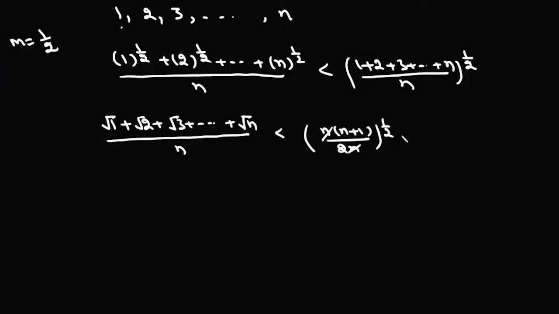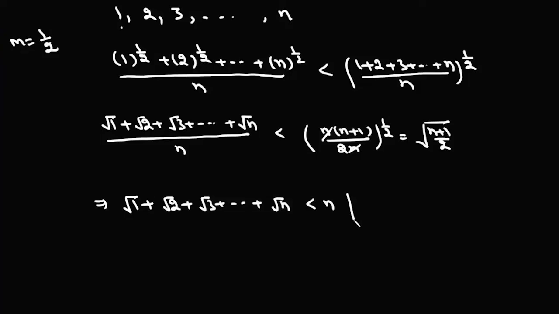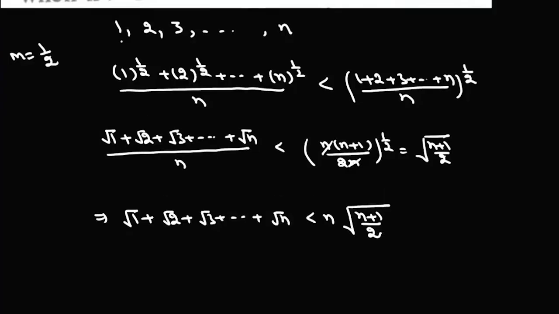Now this n will cancel, so it will be under root of n plus 1 by 2. Now if we rearrange, we can write this as under root 1 plus under root 2 plus under root 3 up to under root n will be less than n into under root of n plus 1 by 2, which is what we need to prove in this question.